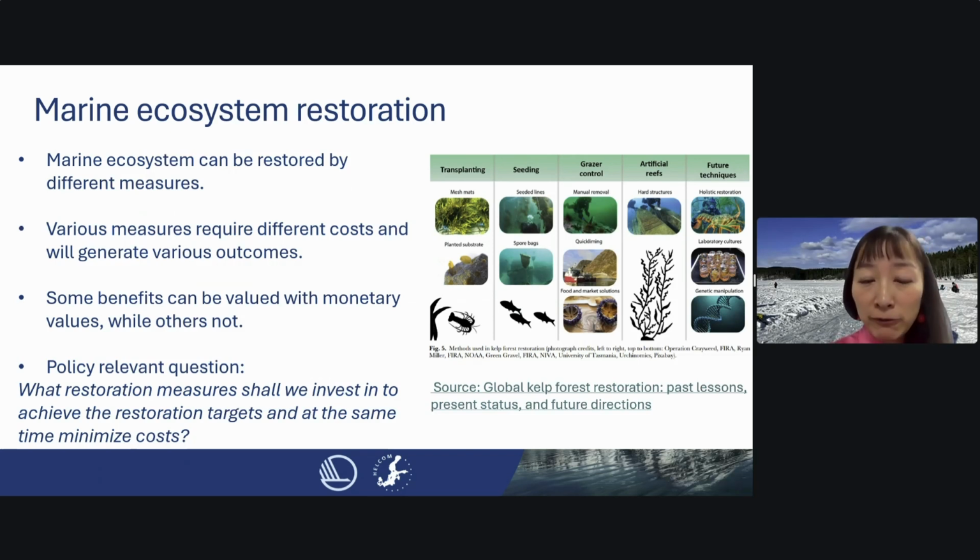Some of these outcomes, the benefits, can be valued with monetary values, whilst others cannot. So one of the policy relevant questions in making a decision on what measures should be used is: what restoration measures should we invest in to achieve the restoration targets and at the same time minimize costs?